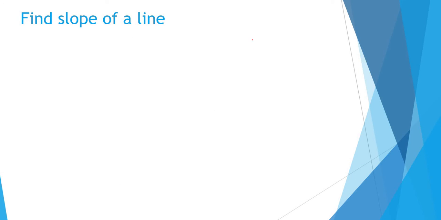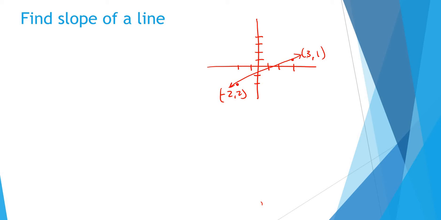So if I want to find the slope of a line, I have a couple ways that I can do it. If I have graph paper, and I have a point here at, let's say, 3, 1, and then I have another point at -2, -2. I can simply pick one point to start at. Let's say I want to start here. And I would count my up and down distance, and this goes down 3 units.